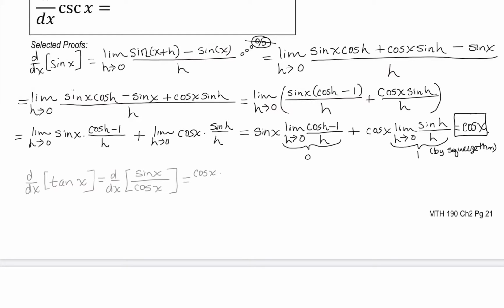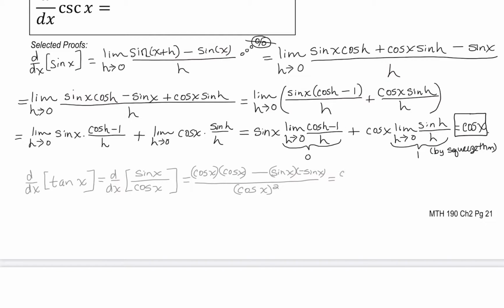So the derivative of sine, we just showed, is equal to cosine. Minus, and then changing the order, so now it's the numerator left alone, times the derivative of the denominator, and the derivative of cosine becomes minus sine. We didn't prove that one, but it follows really similarly. And then this whole thing, of course, gets divided by your denominator squared, so cosine of x quantity squared.